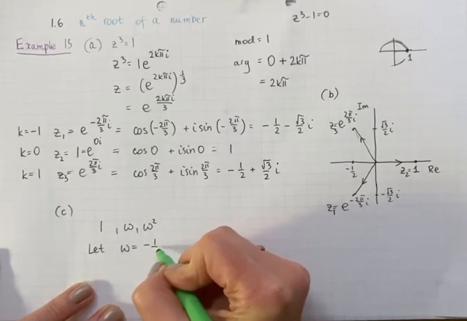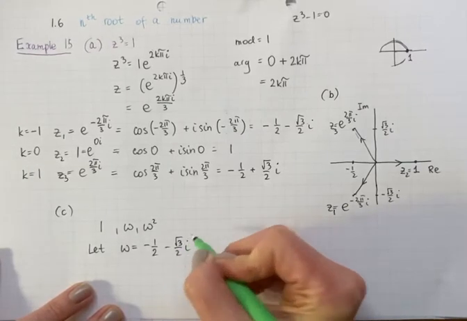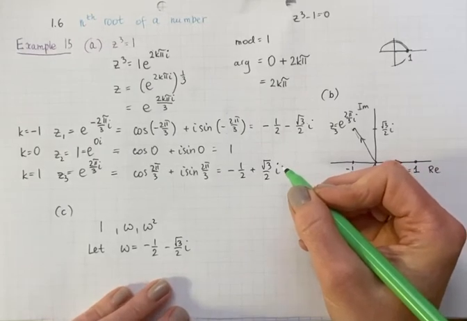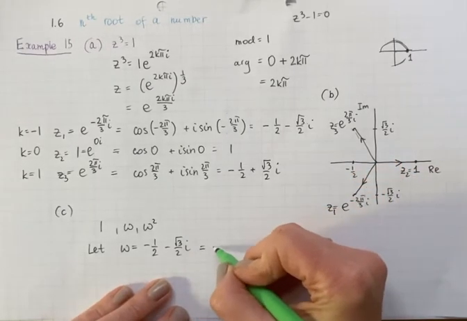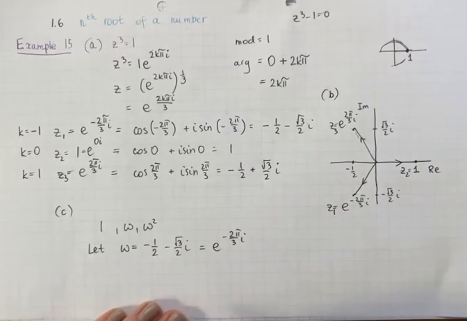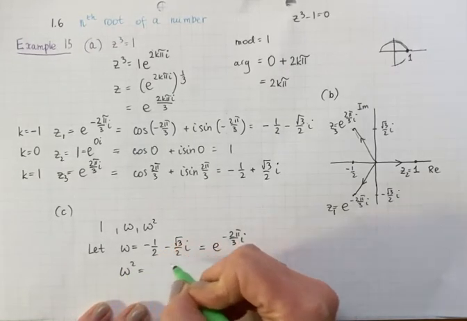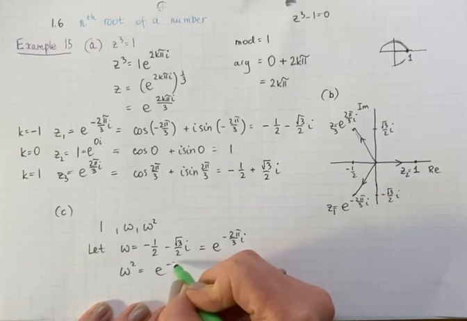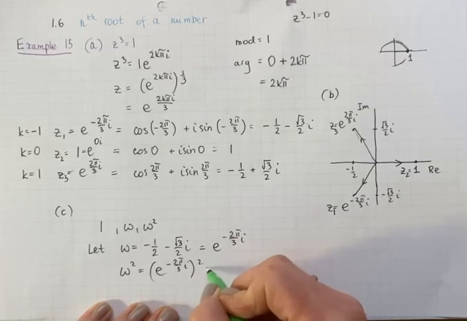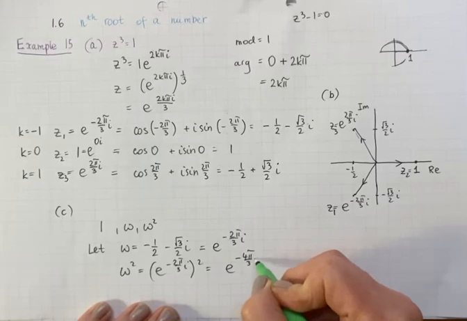I'm going to pick my omega as my first root because that's the one that I've written as my z1. So if omega is minus a half minus root 3 over 2 i, I write it in its exponential form, and we've been asked to then find omega squared. So I'm going to use the exponential form, and then using de Moivre's theorem, I'll get e to the power minus 4π/3 i.